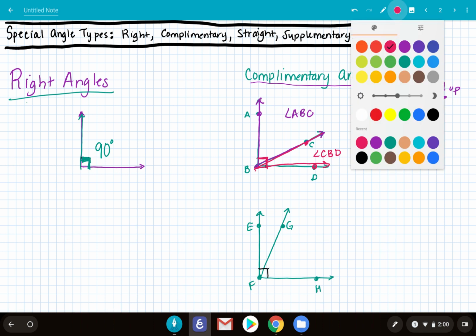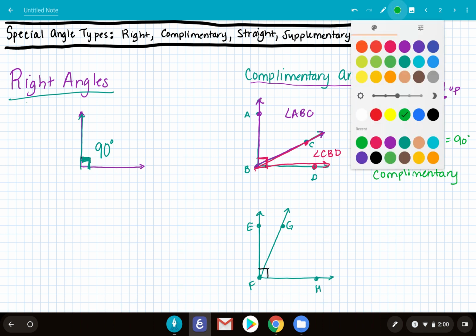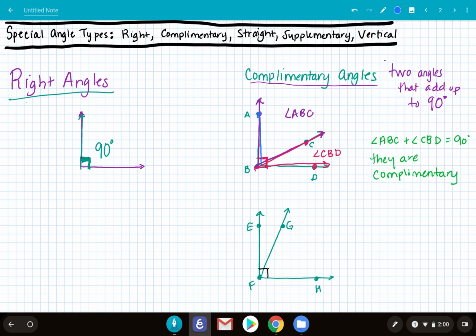So I could say that angle ABC plus angle CBD equals 90 degrees, and they are complementary. I could also say that angle ABD is a right angle.